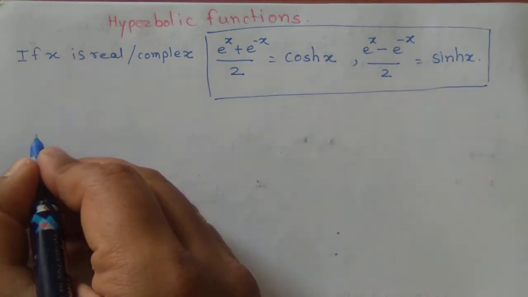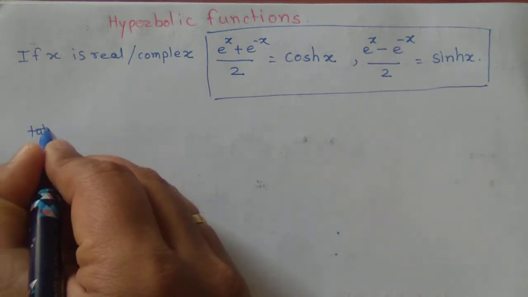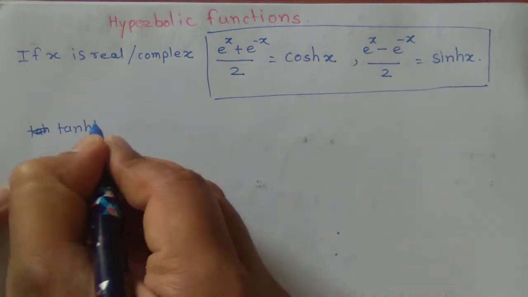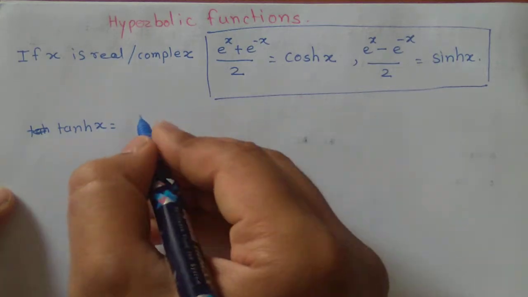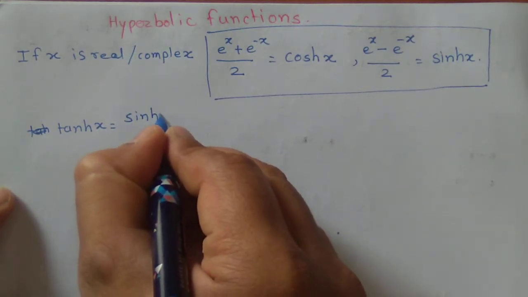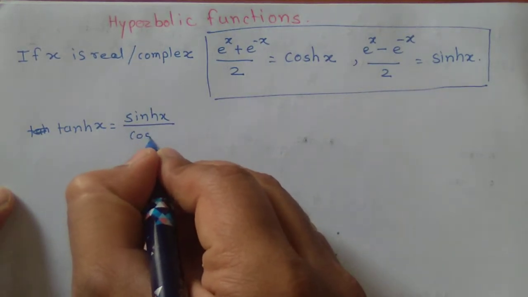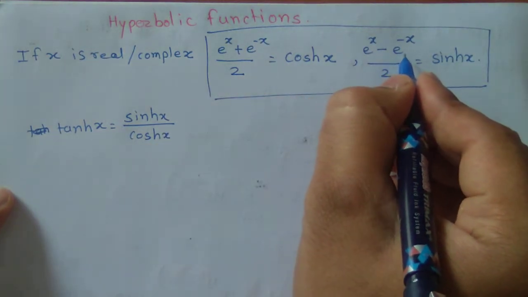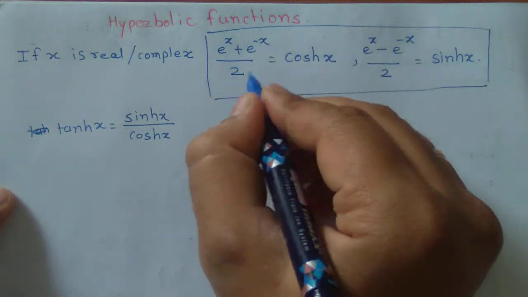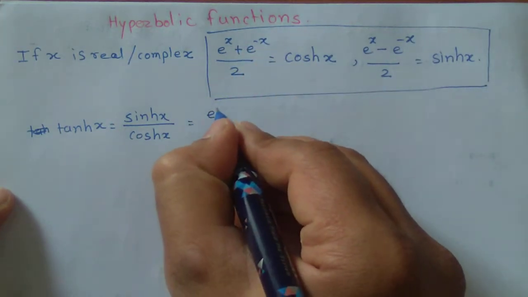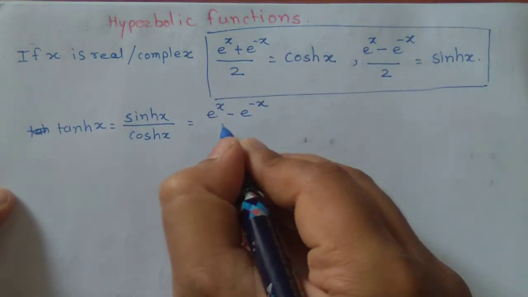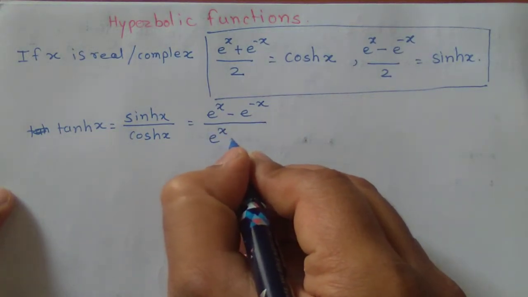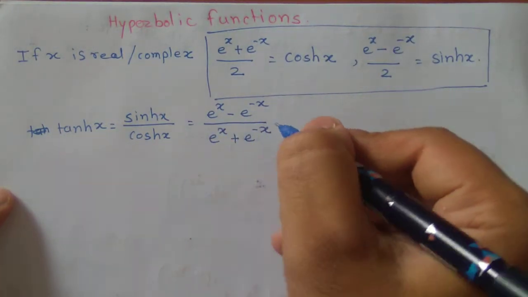Now one can define hyperbolic tan x as hyperbolic sin x divided by hyperbolic cos x. That means ((e^x - e^-x)/2) divided by ((e^x + e^-x)/2), which gives us (e^x - e^-x) divided by (e^x + e^-x).